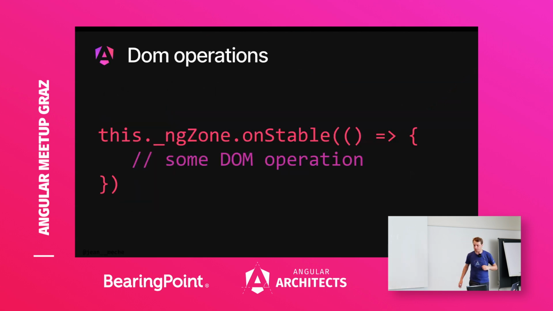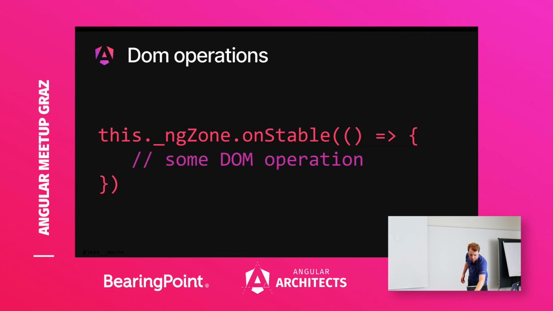But also, if you have been building component libraries, for example, you sometimes have to do some DOM operations. And often you want to wait until everything is done, and when your application is stable, you want to update the DOM and say, okay, I know nothing is pending, please initialize, imagine some library, some code you have, etc. And this is something that will also need to be replaced when you go zoneless.